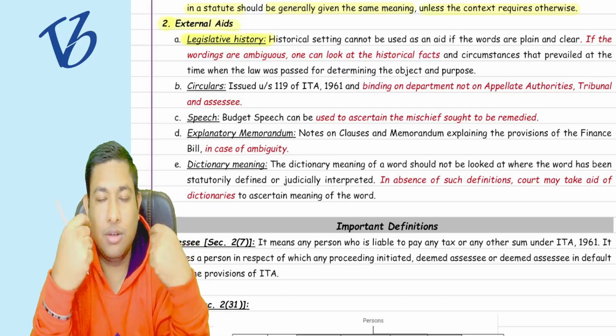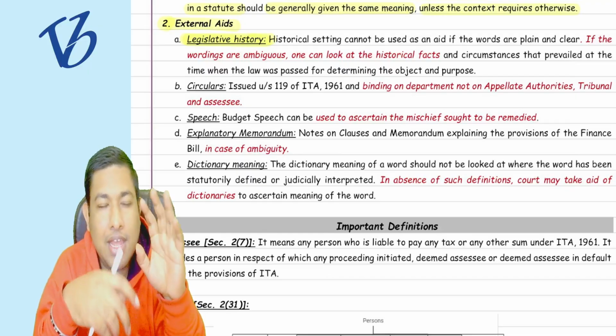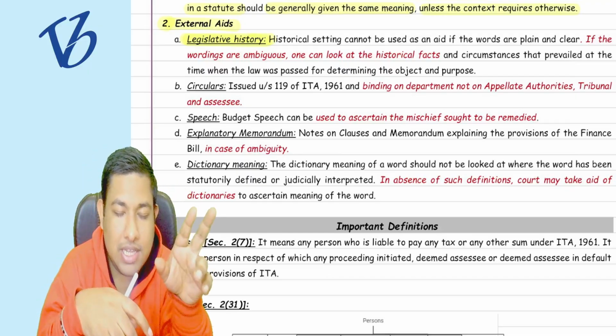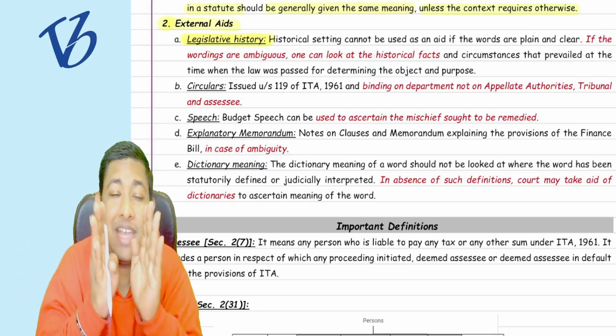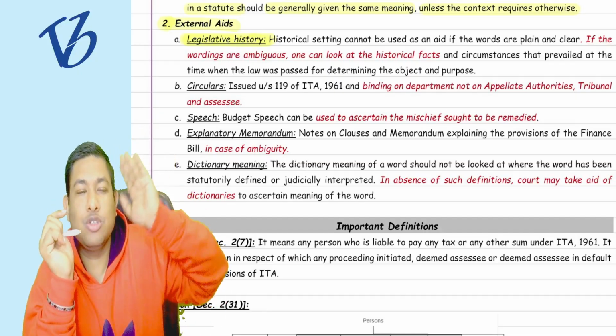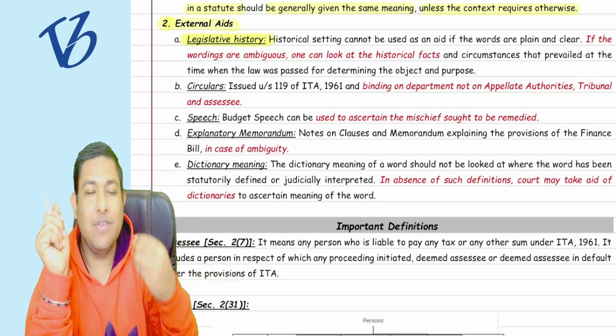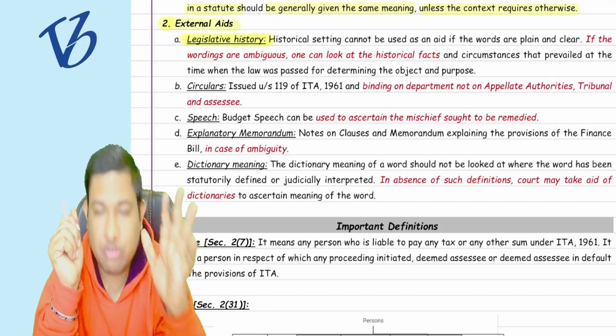Suppose we say that in a particular case the Supreme Court has ruled this, and the same facts and figures are coming in our case, so we rely on the Supreme Court judgment and give the same judgment. So it is legislative history.